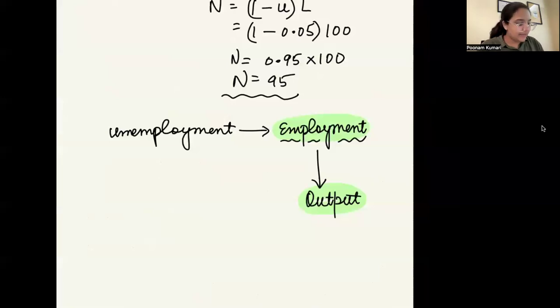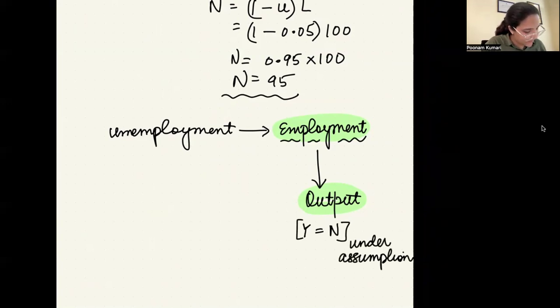And in whatever examples that we have done, we have assumed that Y is equal to N, right? This is under assumption, right? है ना? So whatever is my natural level of employment, that is exactly the same as my natural level of output.